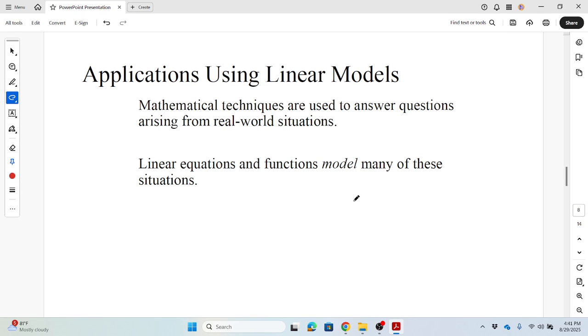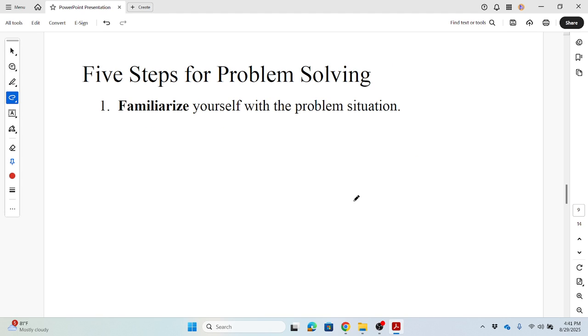So we can solve application problems using linear models, and for that most of the time we need to solve a linear equation. That's why we're talking about linear equations. So how do we solve an application problem? There are 5 steps for problem solving. First of all, you have to understand the problem very well.